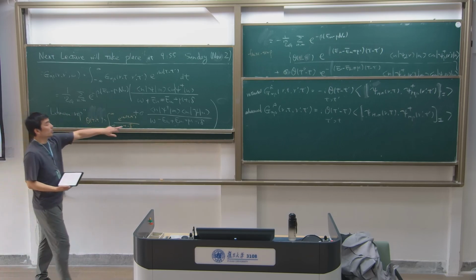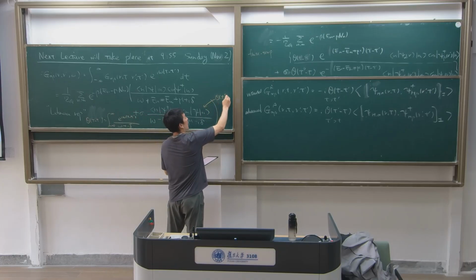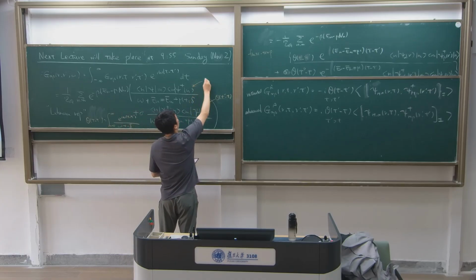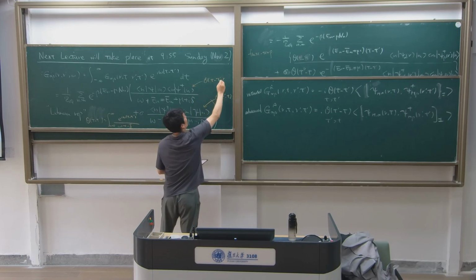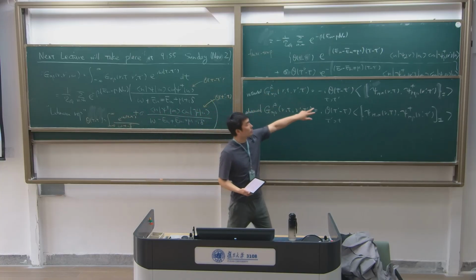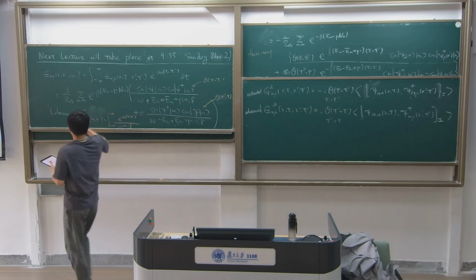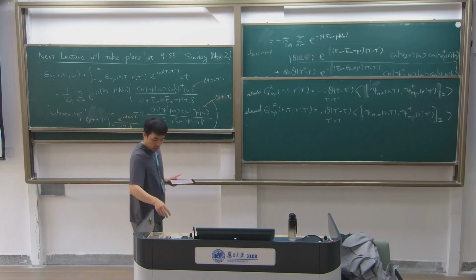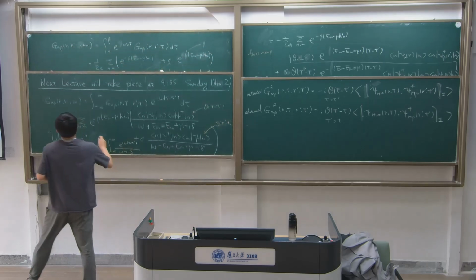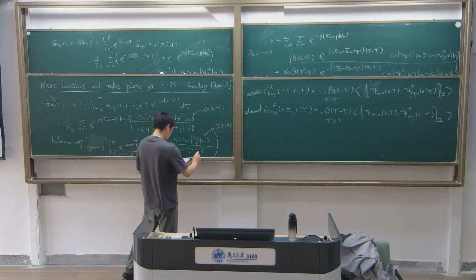In the ordinary Green function, this term comes from theta of t minus t prime, whereas this term comes from theta of t prime minus t. But on the other hand, for the retarded Green function, we only have a theta of t minus t prime. Therefore, if we change to G here, the only difference is that this becomes 1.